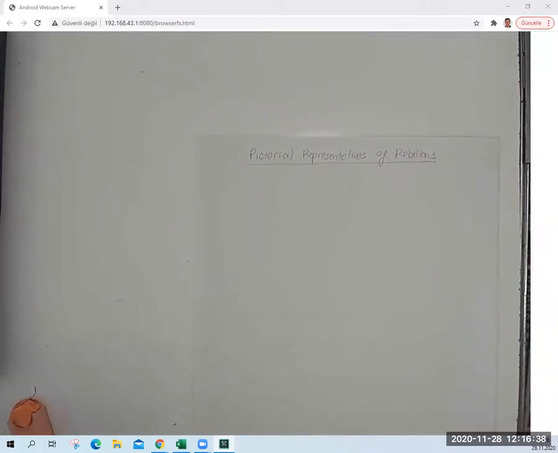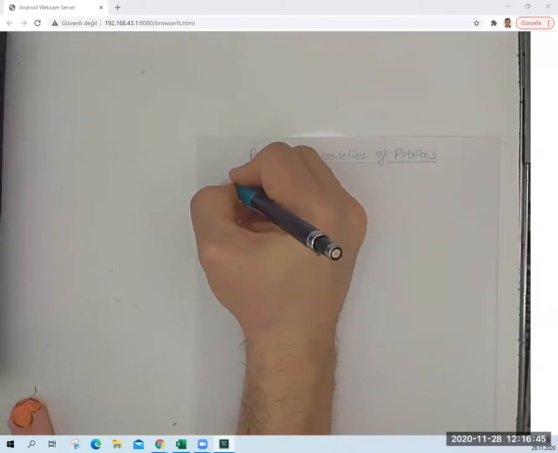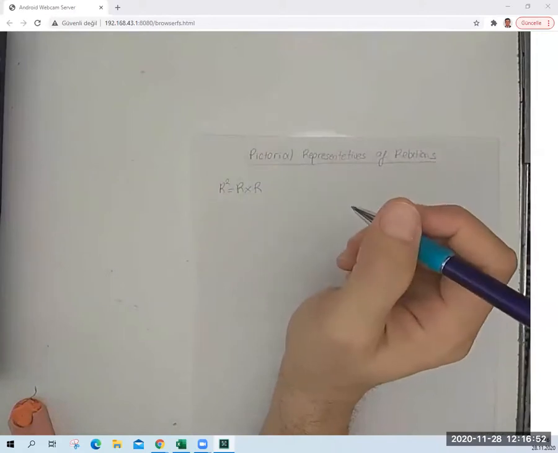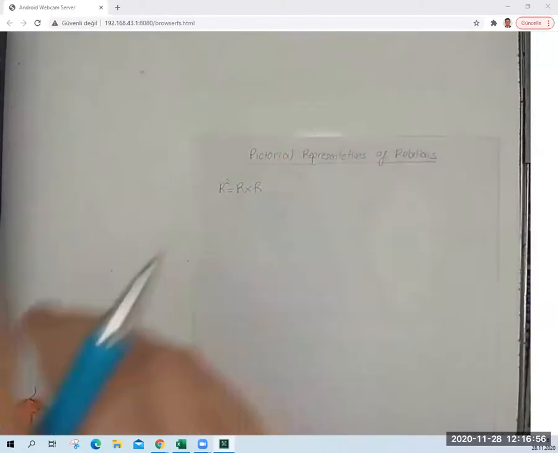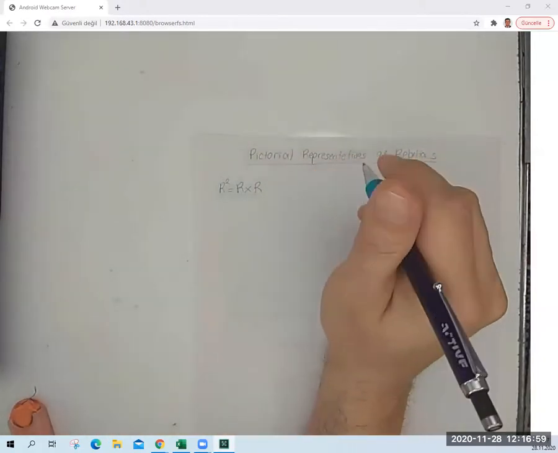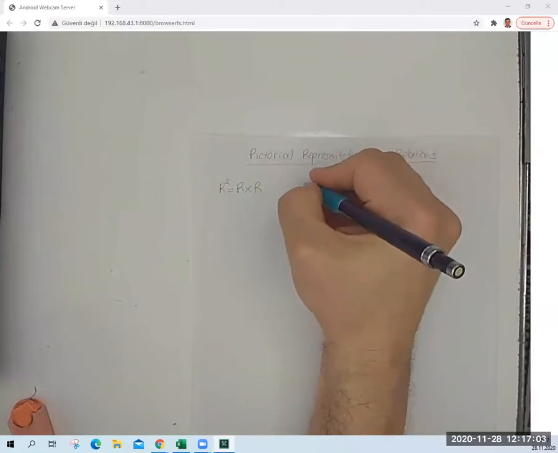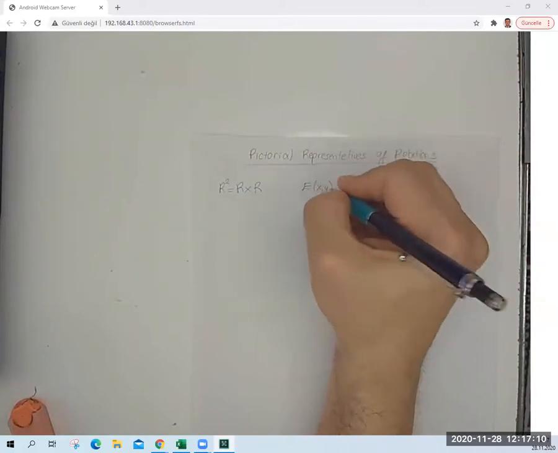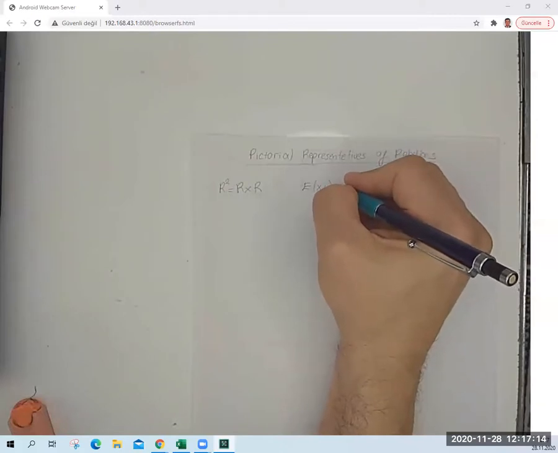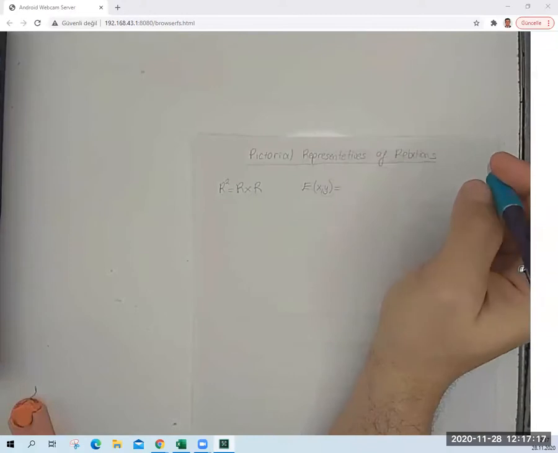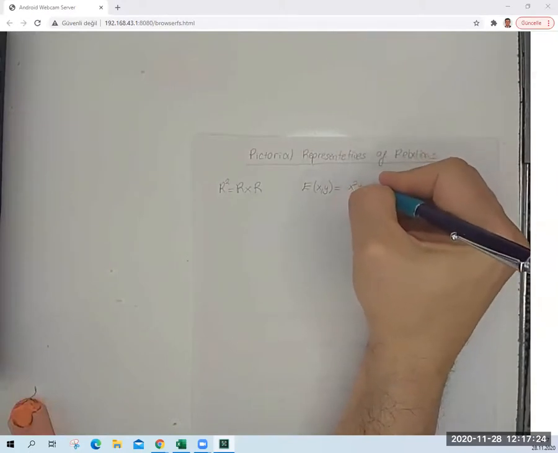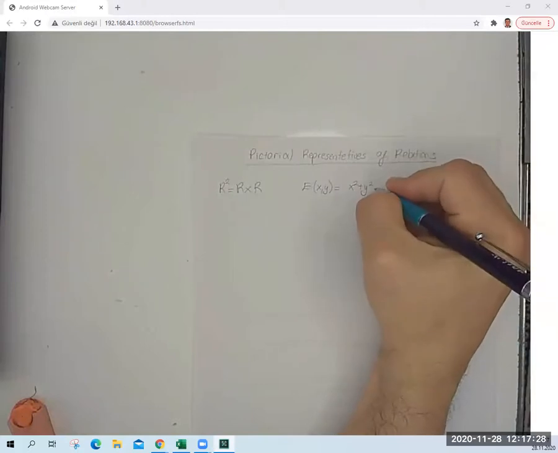So we can show a relation, for example, on R square, R product R, and there is the pair (x, y) and a relation like the set E, x squared plus y squared is equal to 25.